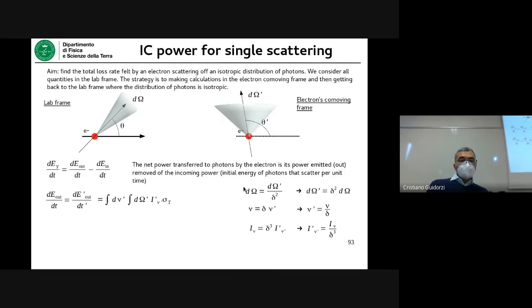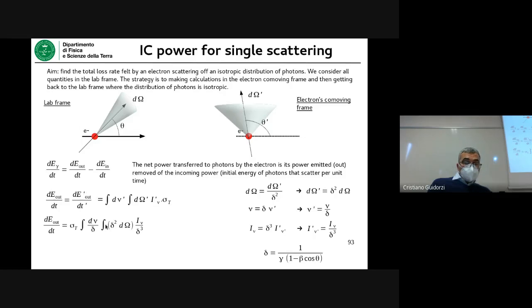Replacing, I remind you of the definition of the Doppler factor, where theta is the angle between the incoming direction of the photon in the lab frame and the direction of the moving source. So it's just a matter of replacing all the corresponding quantities. Here d nu becomes d nu over delta, d omega prime becomes delta squared d omega, and I prime becomes I over delta cubed. Here sigma Thomson is a constant, so I just brought it out of the integral.